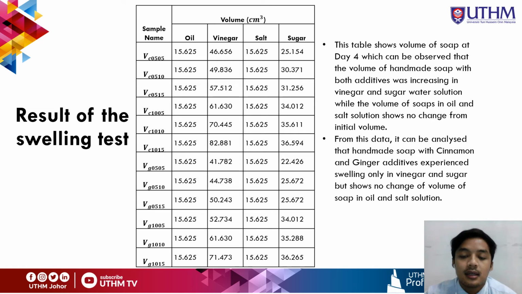From this data, it can be analyzed that the handmade soap with cinnamon and ginger additive experienced swelling only in the vinegar and sugar but showed no change of volume in oil and salt solution. And this can be concluded that the soap is very resistant in the salt and oil solution and has the lowest resistance to solvent in the vinegar and sugar.